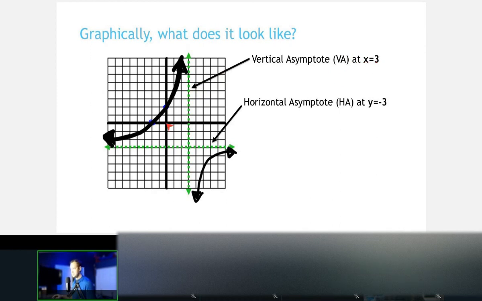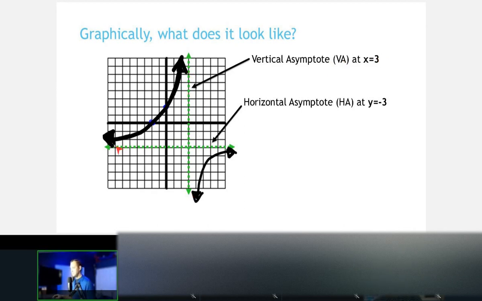Now, because this is at x equals 3, x equals 3 is the equation of that vertical line. So VAs and HAs are always written as an equation, whether it's x equals or y equals. So just a little refresher, vertical lines, x equals some number, in this case, x equals 3.